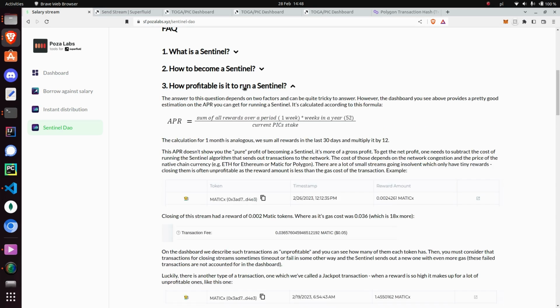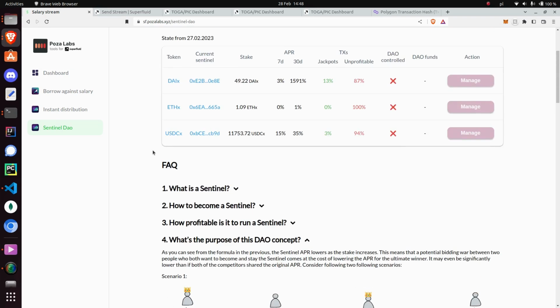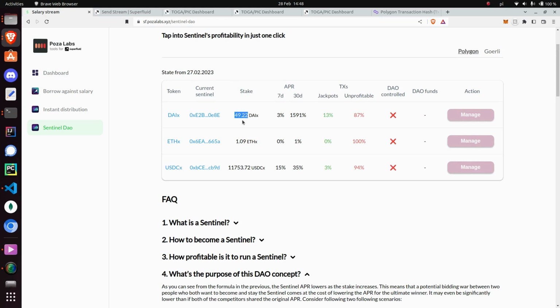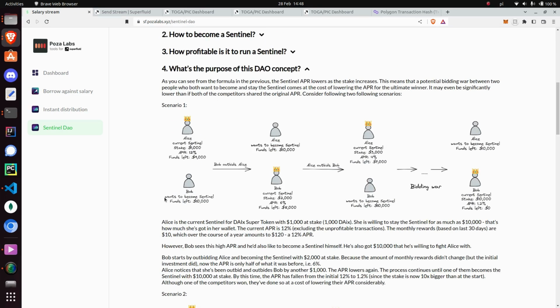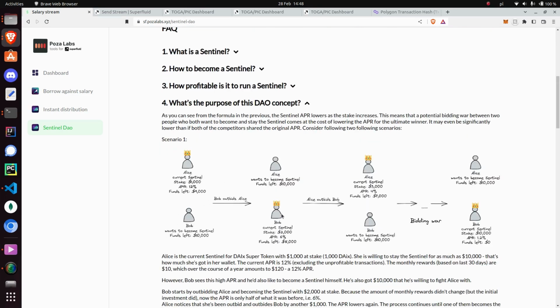You can take a closer look at the formula, but you can clearly see that as the stake gets bigger, the denominator gets bigger, and this means the APR gets lower. And that, of course, also makes sense if you have, let's say, $100 worth of rewards every month. It plays a significant difference if you have only $50 at stake or if you have $11,000 at stake. So as the stake gets bigger, the APR gets lower, and that we also see here.